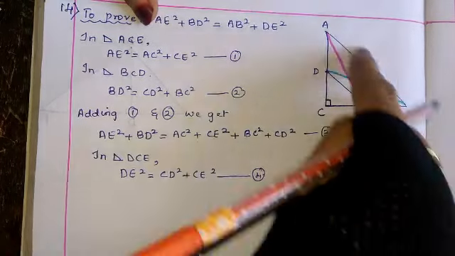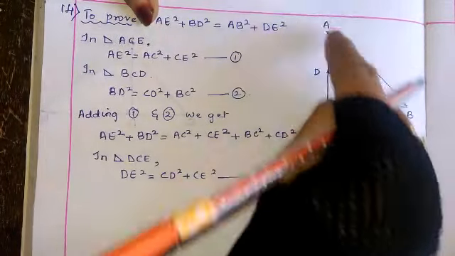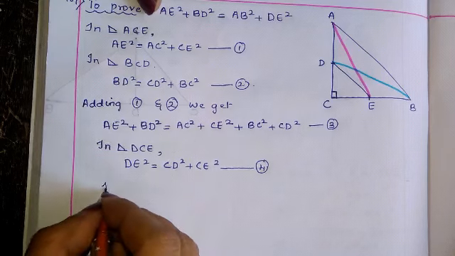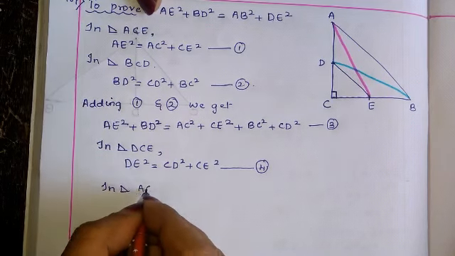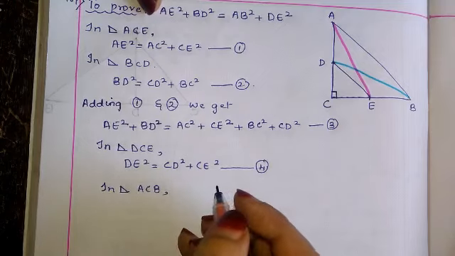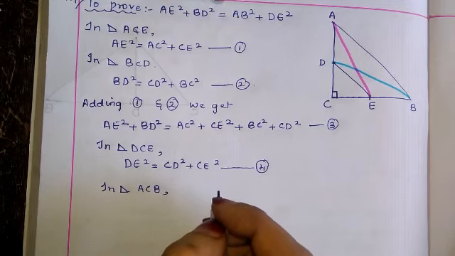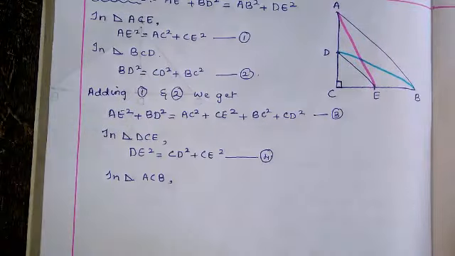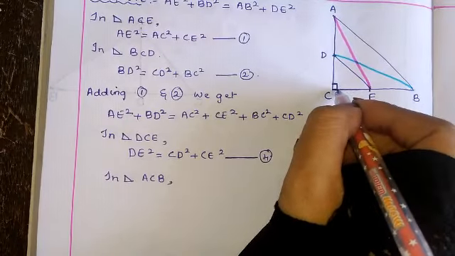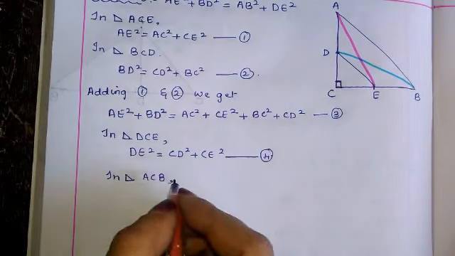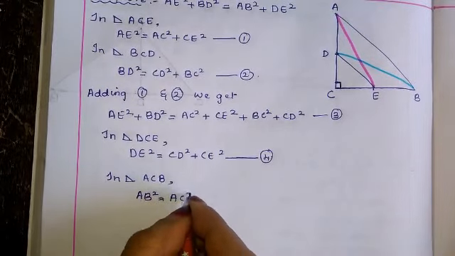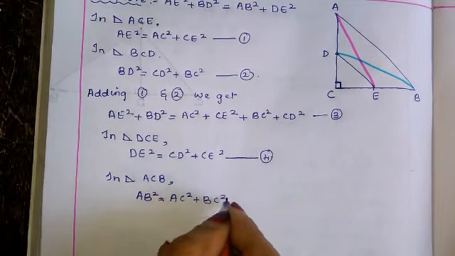Now we can see a very big triangle, the complete full triangle ACB. In triangle ACB, all these are right angle triangles, so we are using the Pythagoras theorem only. All the triangles we have taken are 90 degree. Angle C is 90 degree. So by Pythagoras theorem, AB square is equal to AC square plus BC square.